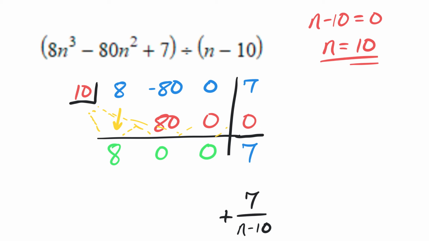So here's how we read the rest of this. Immediately to the left of that bar is a number with no variables. Immediately to the left of that is a number with one variable, one power. So this has no n's. This has one n. This has n squared.